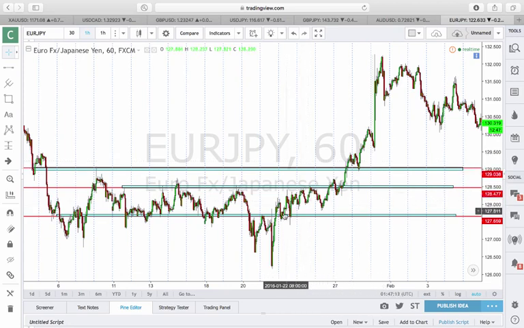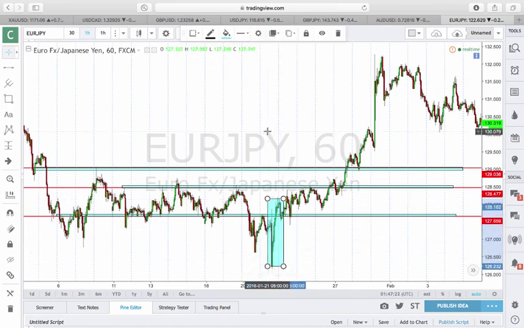When I see these movements, the most important part of the pullback is these areas right here. I'm going to change the color on this so you guys can see clearly.